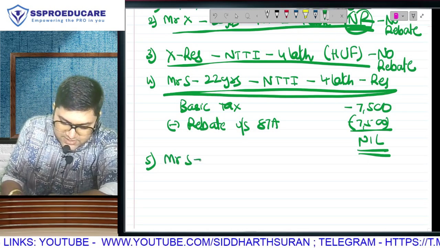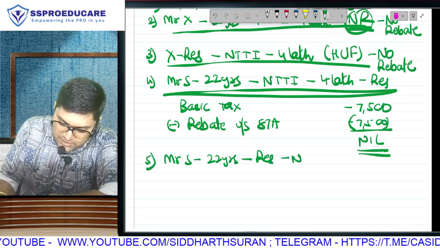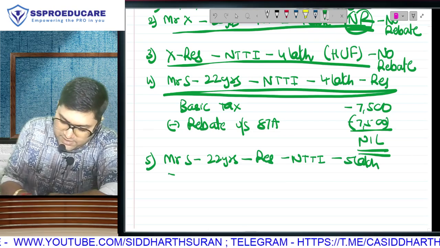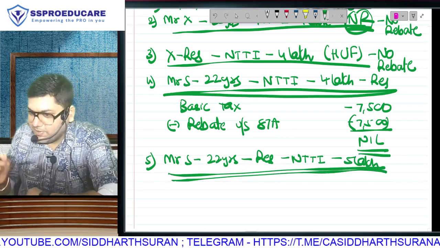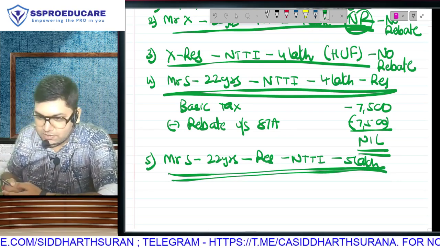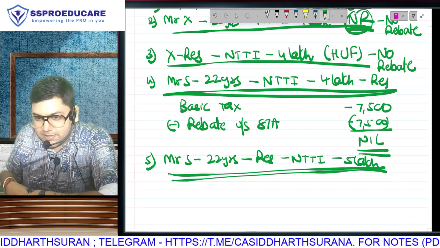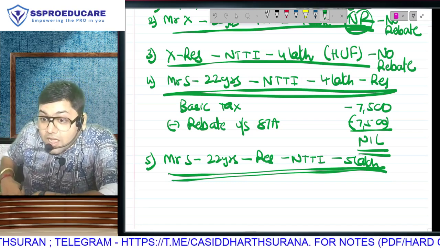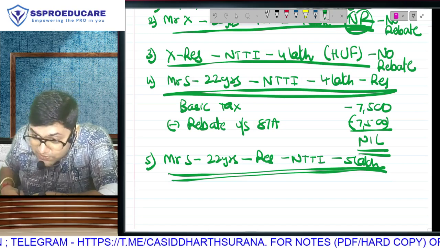So Mr. S, 22 years resident, and because of your prayers my income has now become 5 lakh. You don't go by the amount, look at the percentage. 25% growth, 25% of 4 lakh. So am I eligible for rebate? Up to 5 lakh, equal to 5 lakh also eligible.